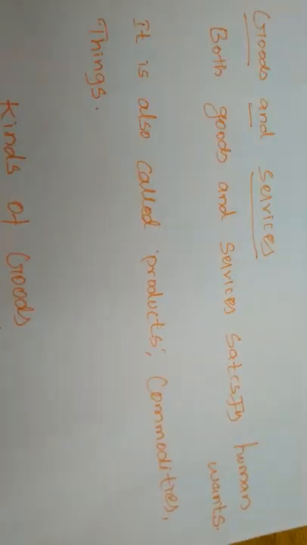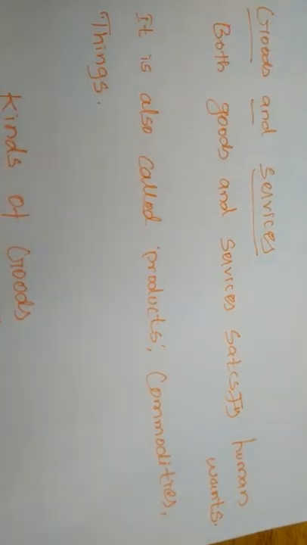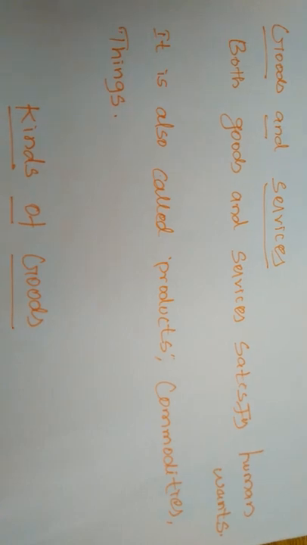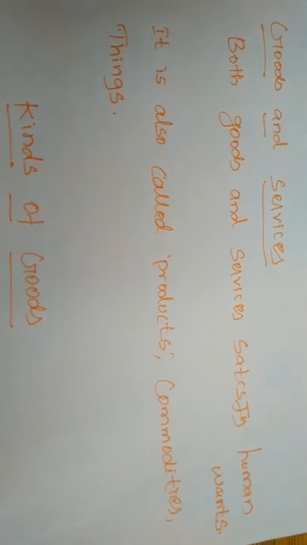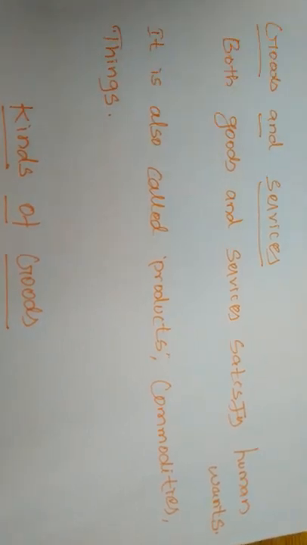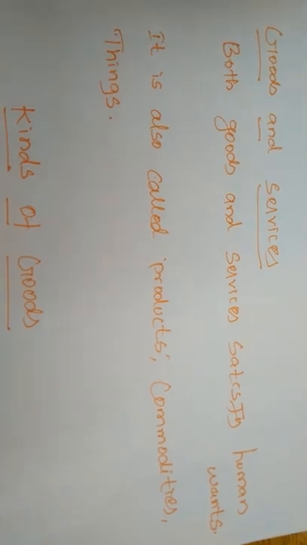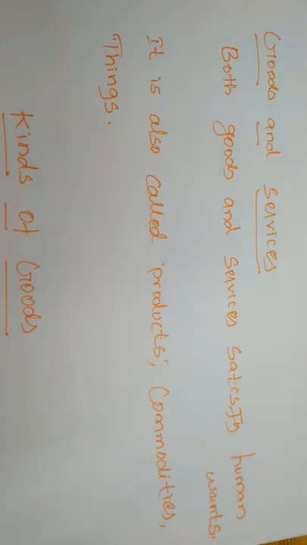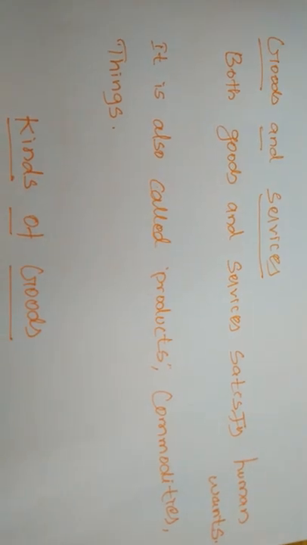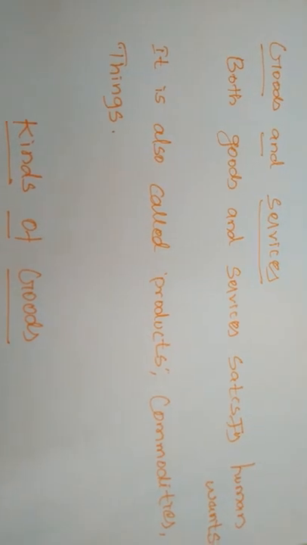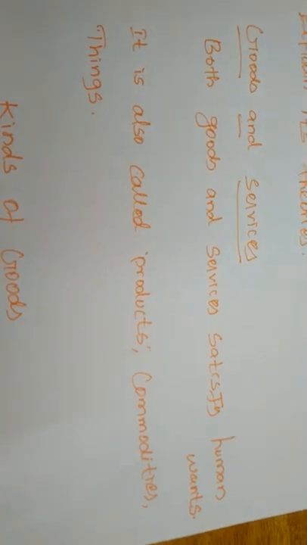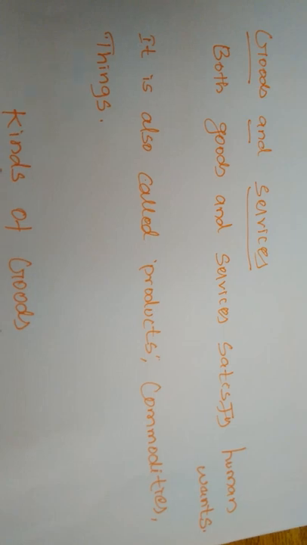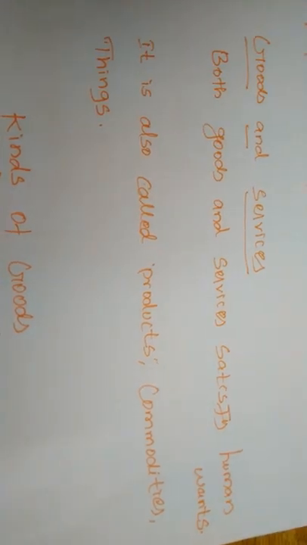Tangible means when we touch them we can feel them, they are physical objects. We can see, touch and feel them. When we touch a pen, a ball or a desk, we can feel it, so goods must have the characteristic of being tangible.